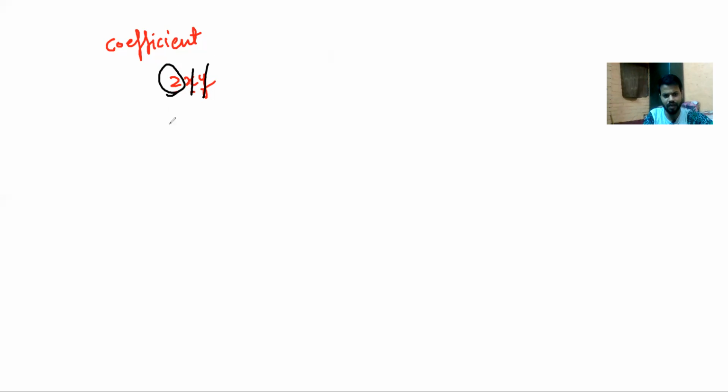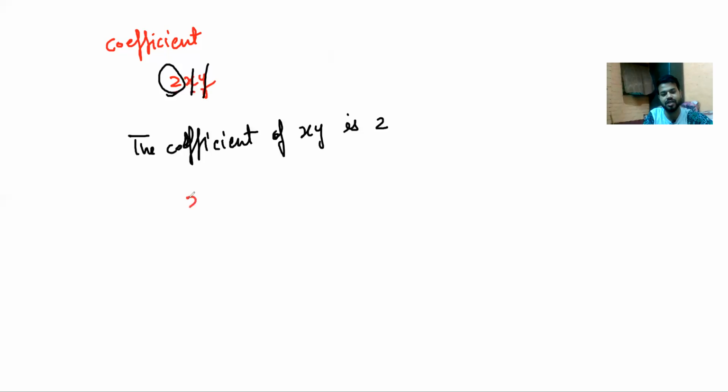Okay, so here the coefficient of xy is 2. Now again, in the same question 2xy, if I ask you what is the coefficient of y, in order to find the coefficient of y, we have to remove y from it.